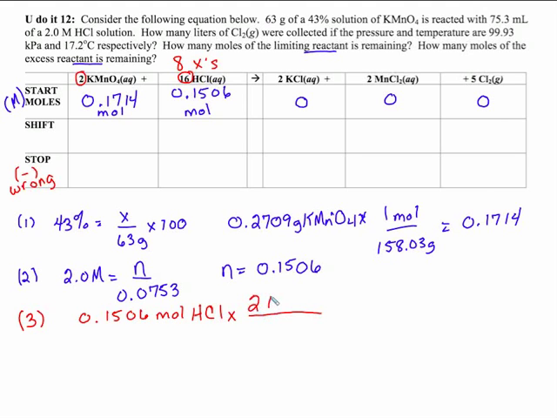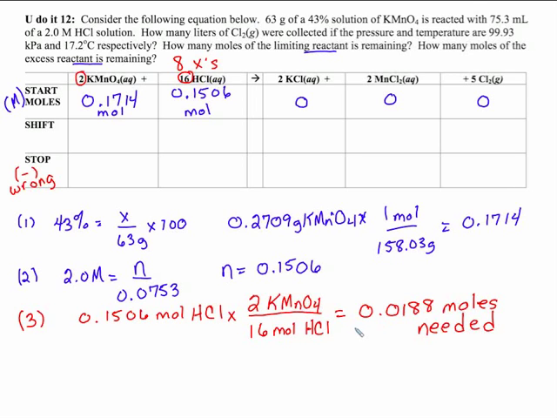So I'm going to need 2 moles of KMnO4 for every 16 moles of HCl that I react. So that could be a simple problem. It could have just said, how many moles of KMnO4 are needed to fully react 0.1506 moles of HCl? And if I did my algebra right, and I'm counting on you to fix it if I didn't, I think I did, but I need this many moles of KMnO4.